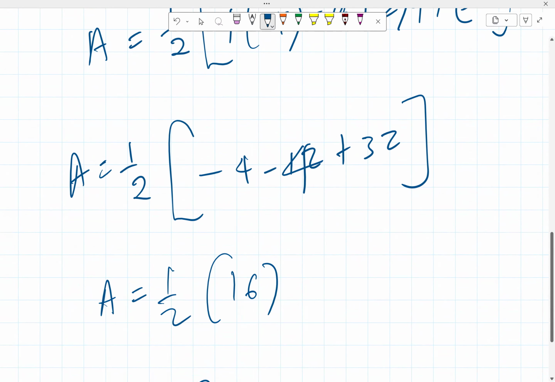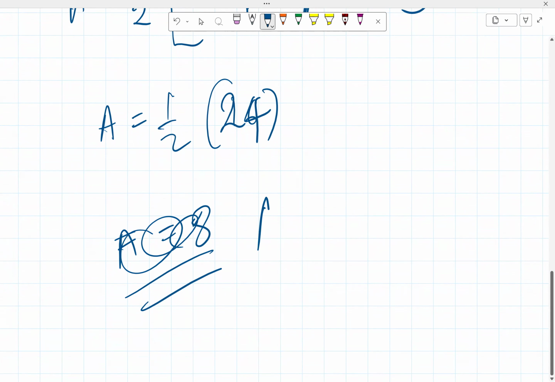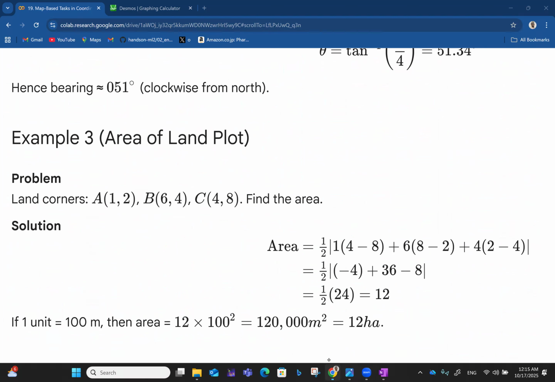So 32 minus 8 is 28. 28 minus 4 is 24. So now this is 12. Okay. So it was that point that was the problem.